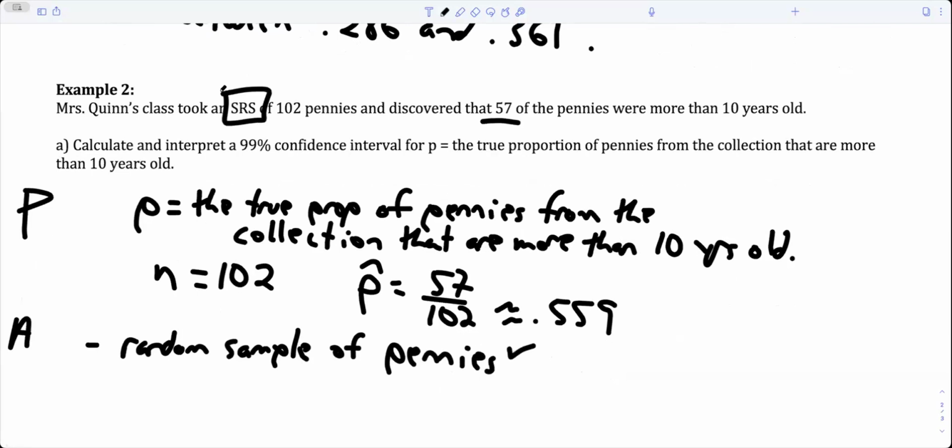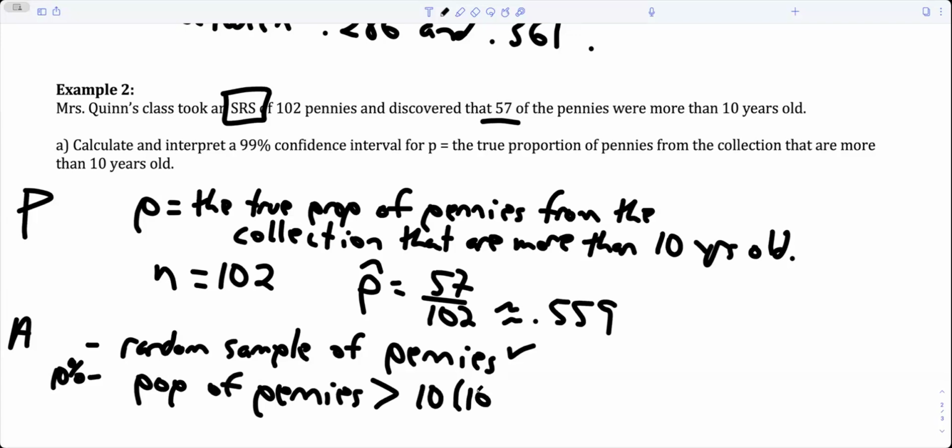This is true because it says that it came from an SRS. Next, 10%. The population of pennies is greater than 10 times 102. And this is also true.